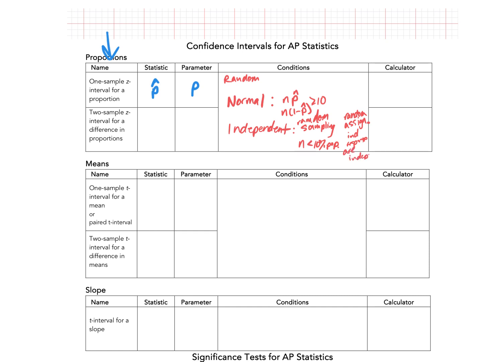Now, if it's a one sample, we use p hat to estimate p. If it is two sample, we use the difference between our two p hats to estimate the difference between our two population p's. And if that's the case, you got to check both samples.